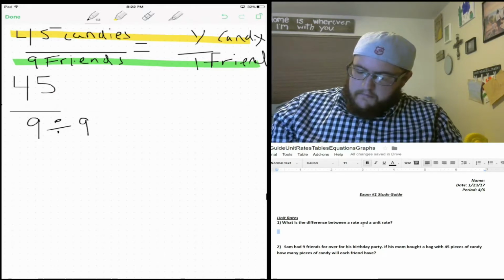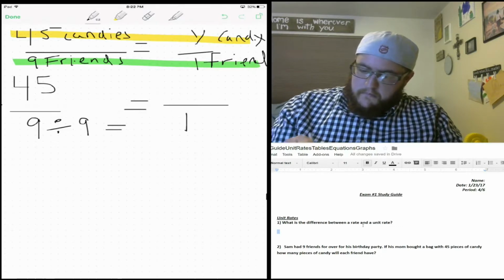So in the denominator, we've got 9 divided by 9, which will give us 1.